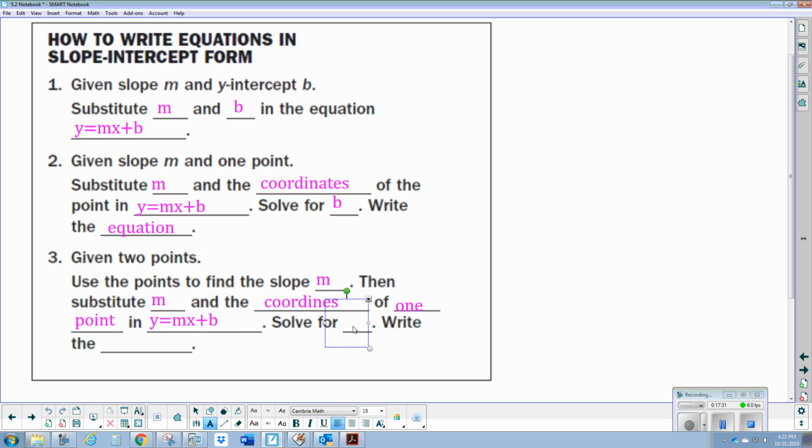Okay, then we can solve for b, and then we can write our equation. And remember, in our equation, we will have x and y both as variables. x is the independent variable, and y is the dependent variable.